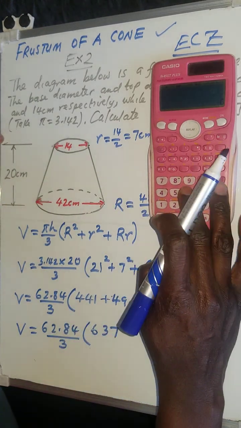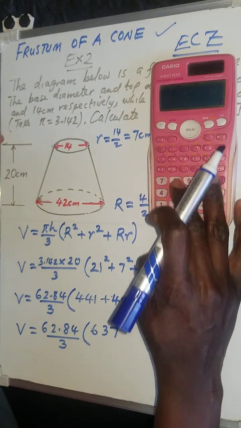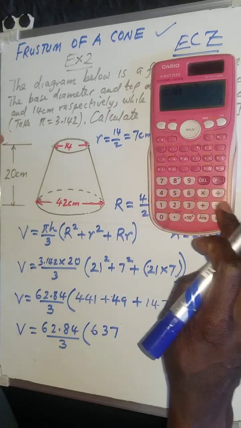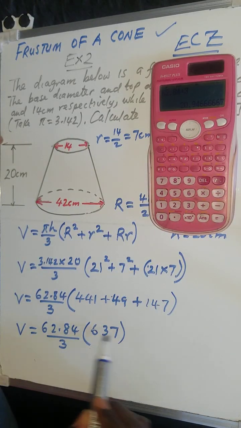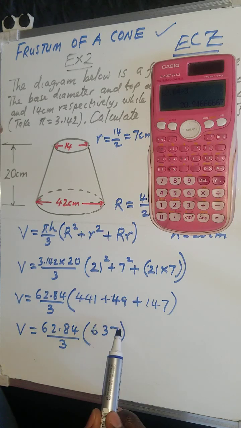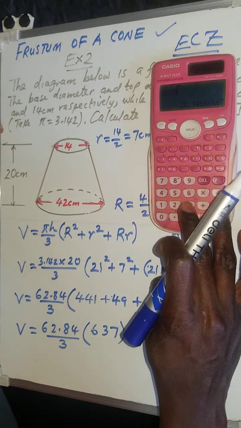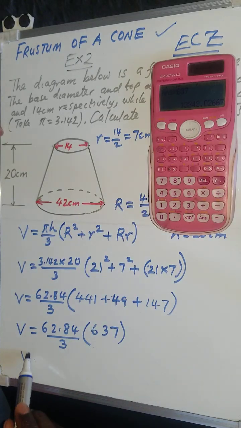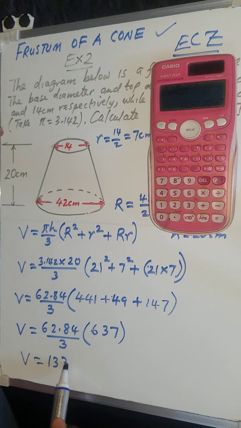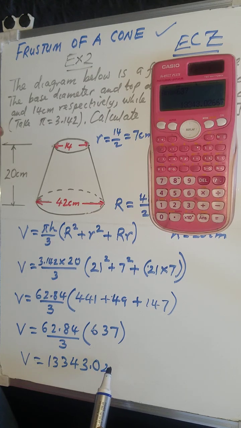You can divide 62.84 divided by 3, then you can multiply by 637. So the value that I'm getting there is giving me 13343.02667. I'm just showing you this, but remember, we can round off.